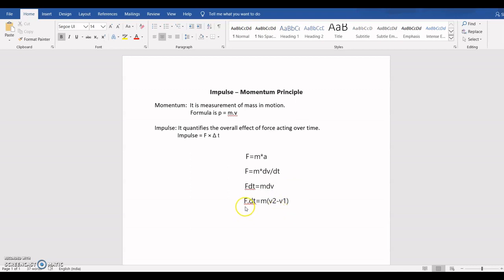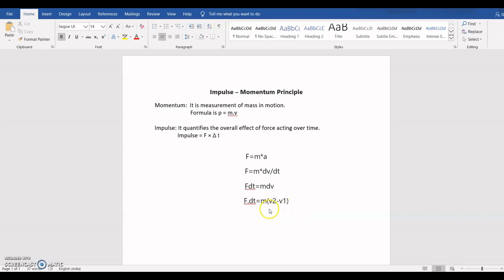So we get F into dt. dt means a small amount of time. So this F into dt is nothing but the impulse here. Also, m into v2 minus v1, the product of mass and change of velocity, is nothing but the change in momentum. The only difference here is that it is mv2 minus mv1.